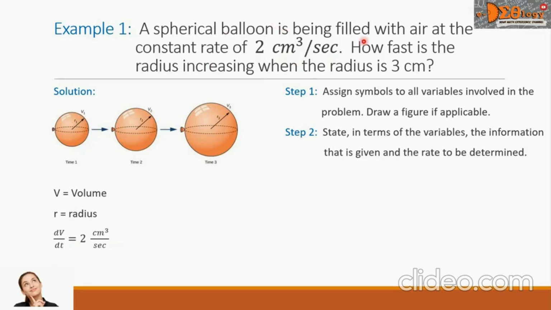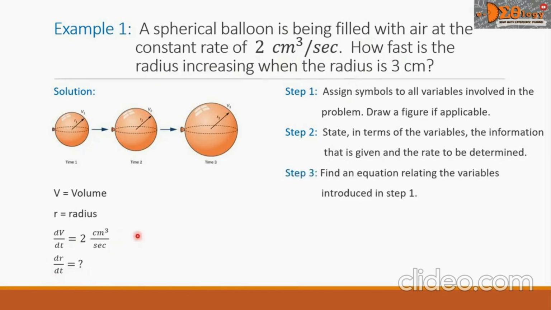And in our example here, we are required to get the rate of change of the radius with respect to time. So that is dr over dt equals question mark. Step 3. Find an equation relating the variables introduced in step 1. We know the formula of the volume is equal to 4 over 3 times pi r cubed.